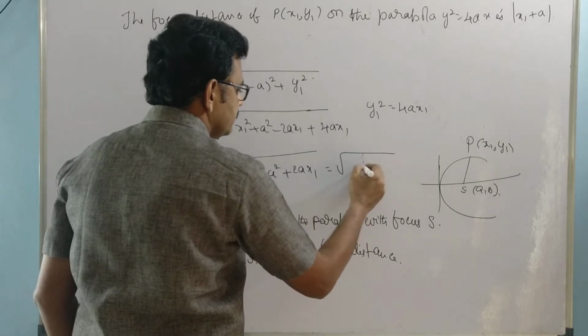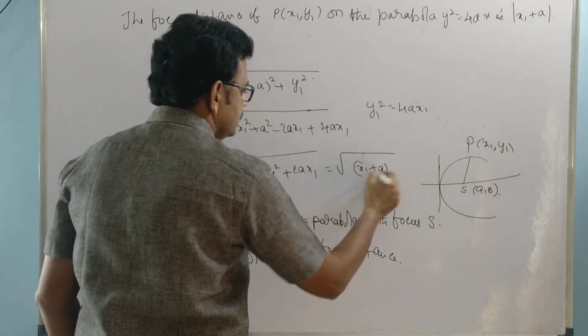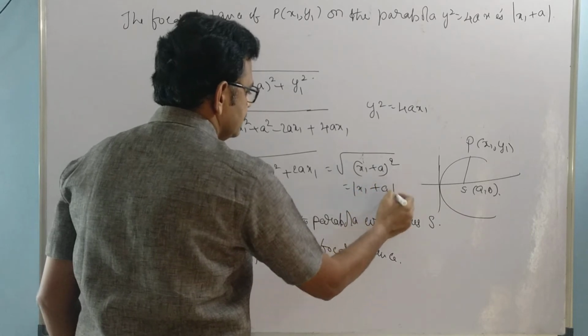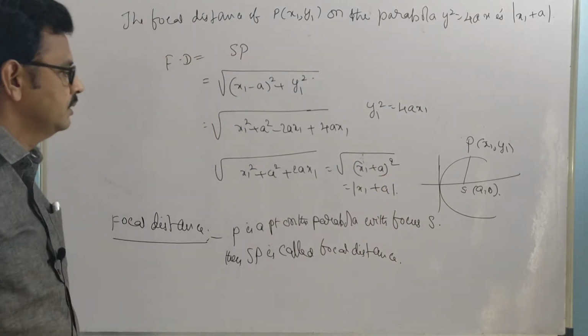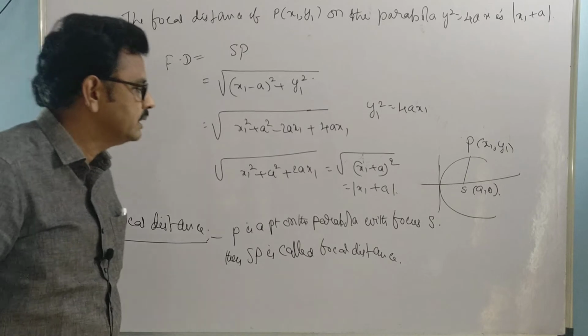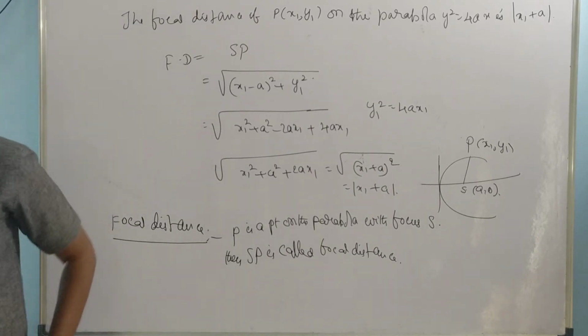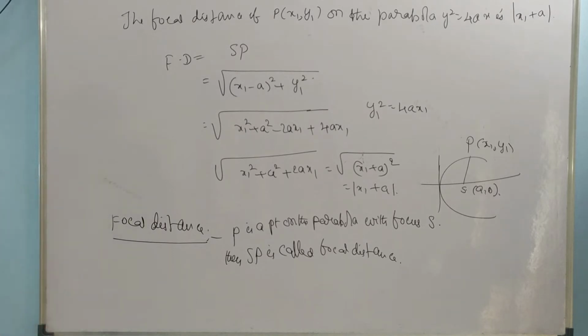That is root of x1 plus a whole square, which is equal to mod of x1 plus a. So the focal distance formula is mod of x1 plus a.